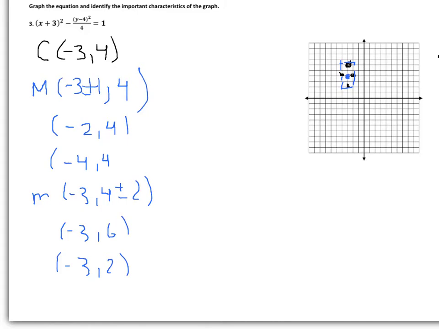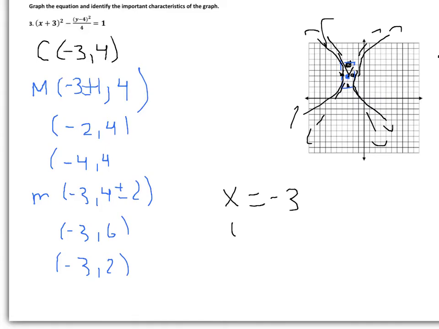And then you draw the diagonals through the box, and you go off the major vertices. Okay? And the axes of symmetry would be x equals negative 3 and y equals 4. It's x equals h and y equals k, both are symmetries. Okay?